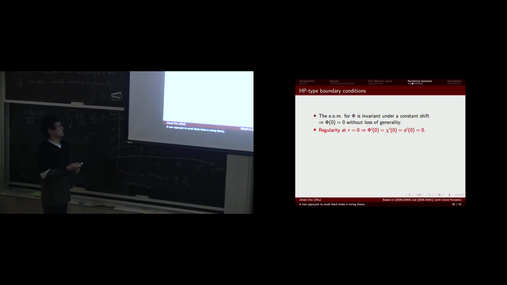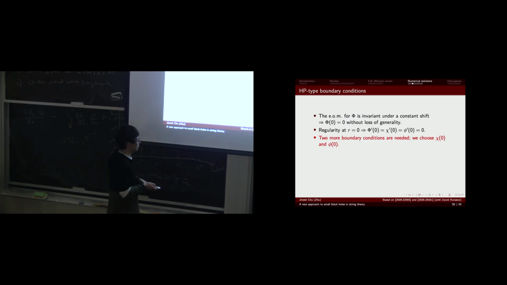And furthermore, just as in the original problem, regularity at origin fixes the derivatives of the fields to be 0. So this further fixes 3 more boundary conditions. So we are now left with just 2 boundary conditions to impose, and we choose them to be chi 0 and phi 0. Recall that to solve the original Horowitz-Polchinski problem, we also need to tune chi 0, phi 0 to find the solution.